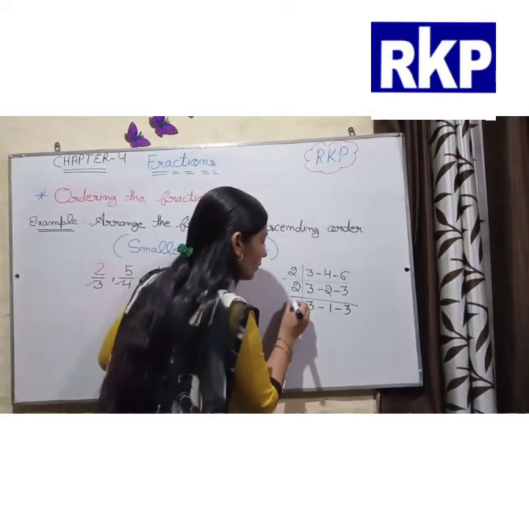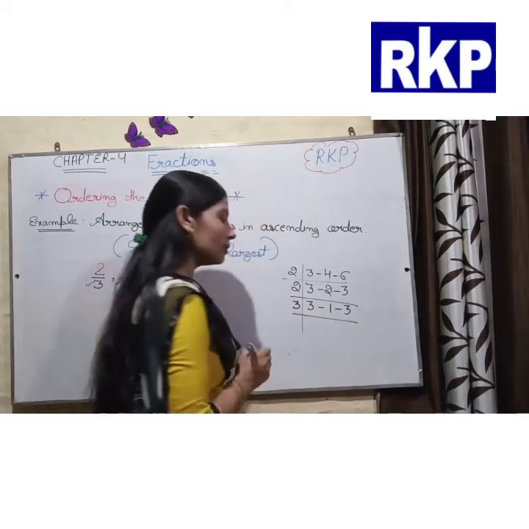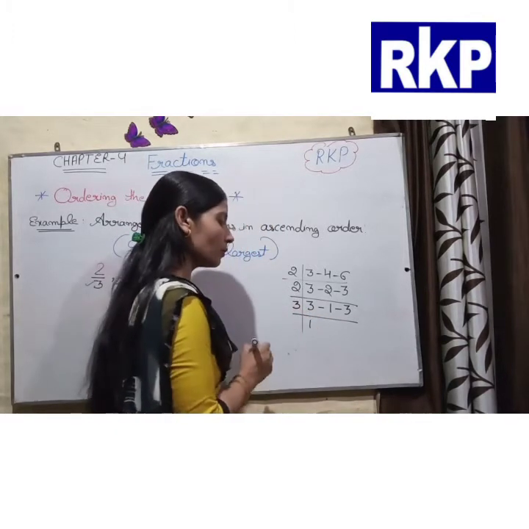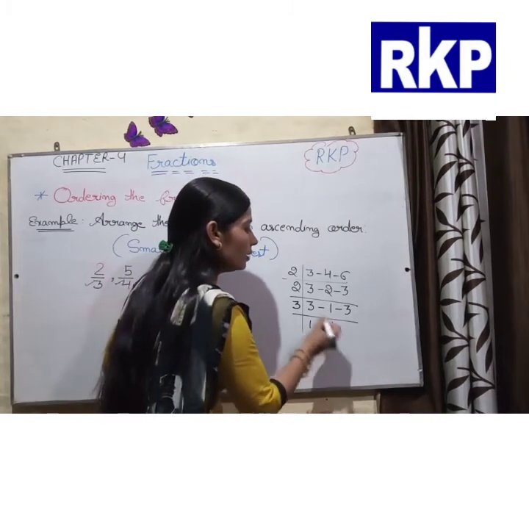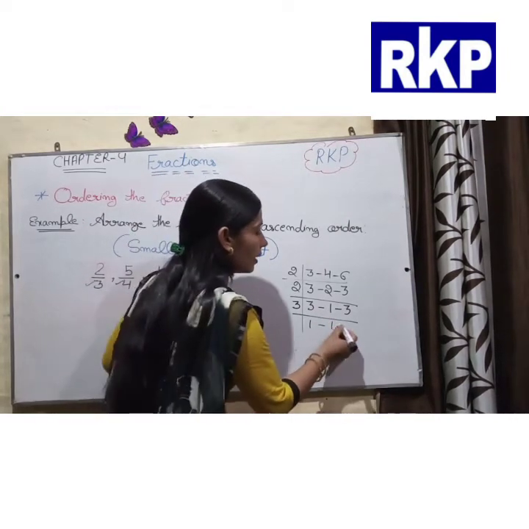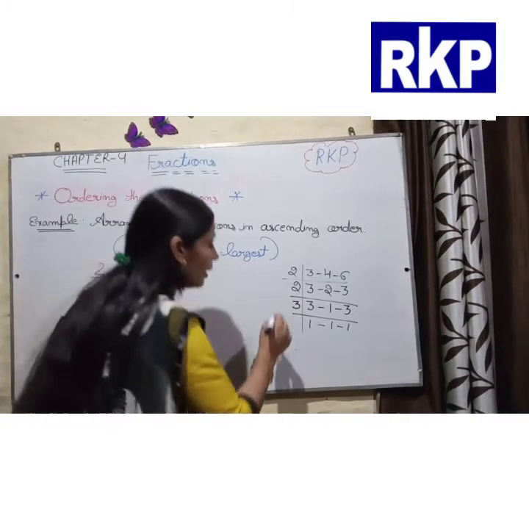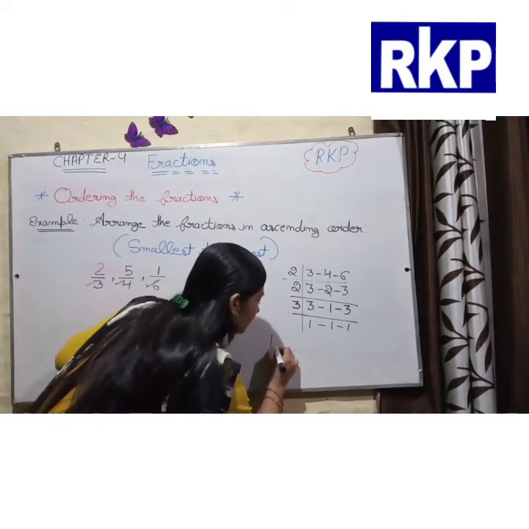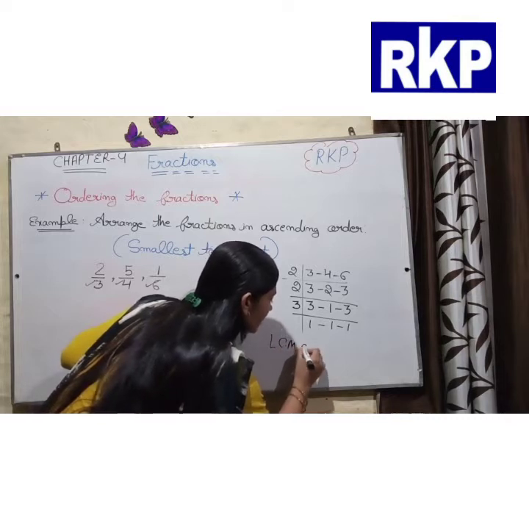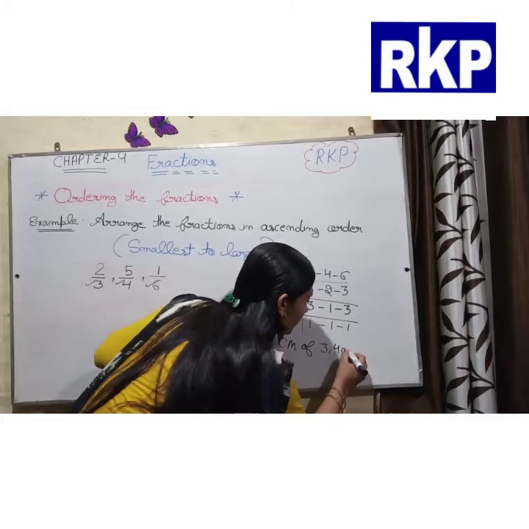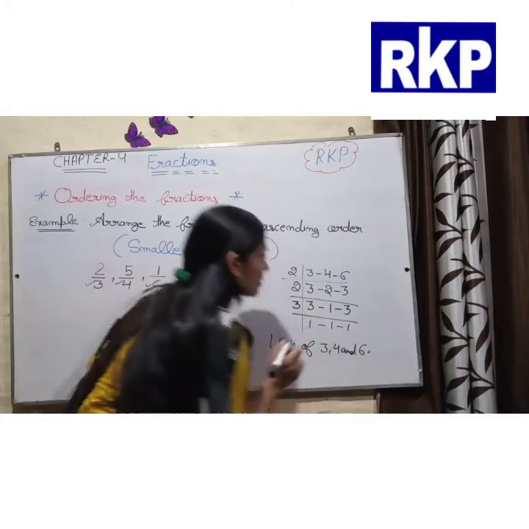Now we can divide by 3. When we divide 3 by 3, we will get 1. And here 1 will be as it is. And here we will get 1. Now stop here and write LCM of 3, 4 and 6.